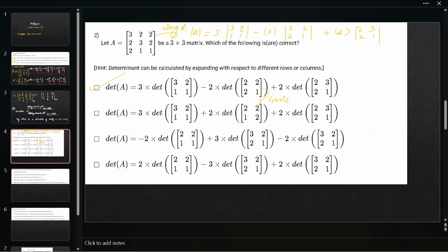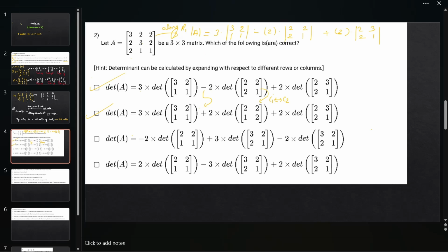We have seen that if we interchange any two columns, the value of the determinant gets multiplied with -1, so this minus sign changes into a plus sign. That means it is just option 1 written in a different way, so option 2 is correct as well.